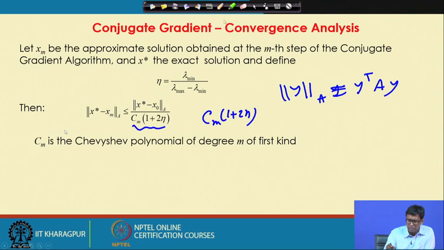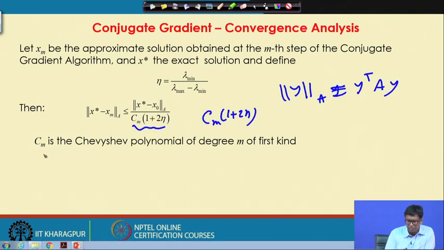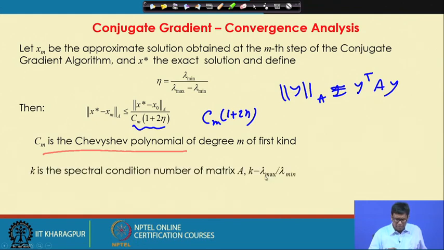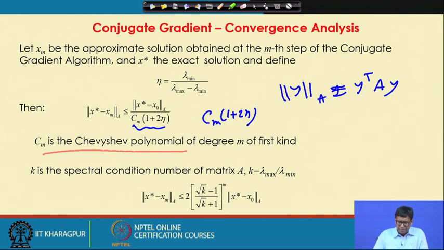This polynomial C_m is known as the Chebyshev polynomial of degree m of the first kind. Not going into detail, but if you simplify this, with kappa being the spectral condition number, lambda max of matrix A by lambda min, the A norm of x star minus x_m is less than or equal to twice the root of the spectral condition number minus 1 by the root of the spectral condition number plus 1, to the power m, times the A norm of x star minus x 0.